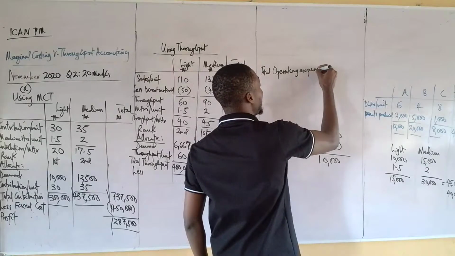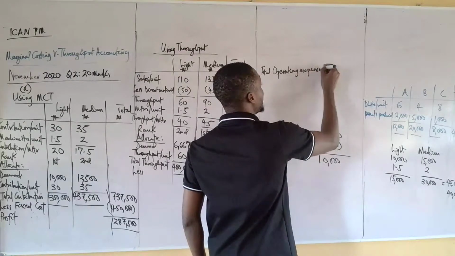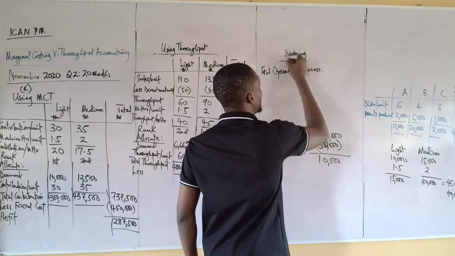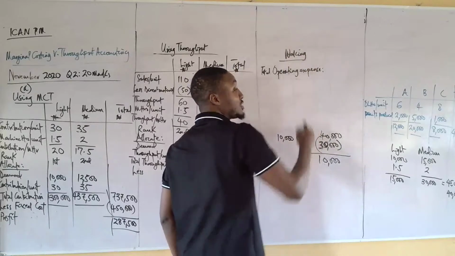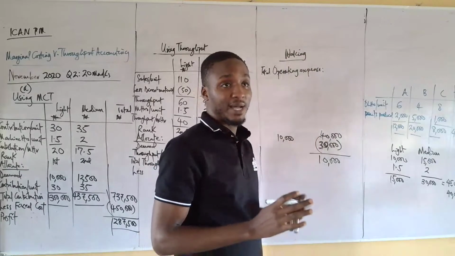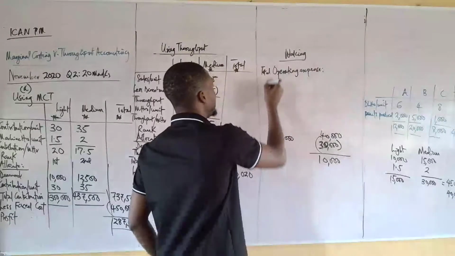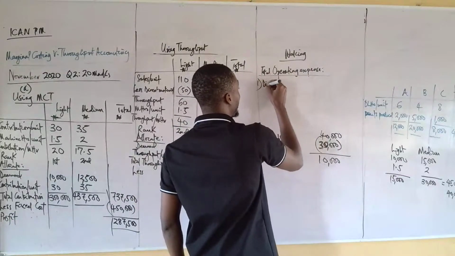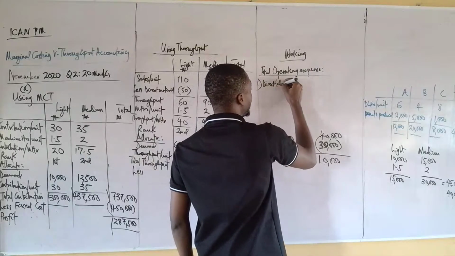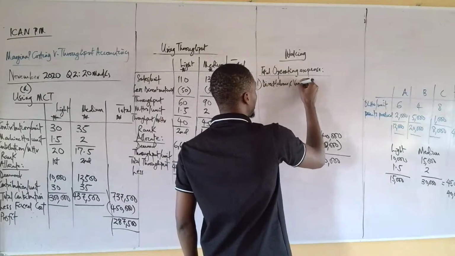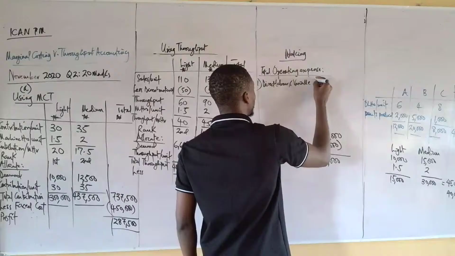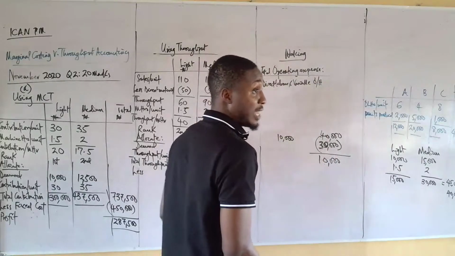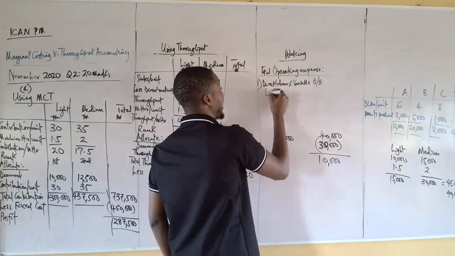And the total operating expense, this is working one, will comprise all the costs apart from direct material. The costs include, the first one, direct labor and variable overhead. Please refer to the question. For that one, they gave us for both light and medium.